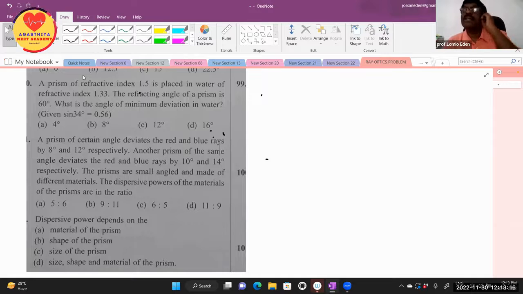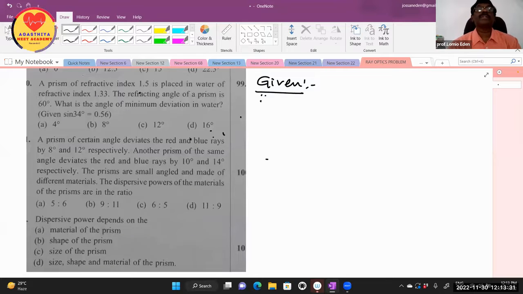Last class we saw dispersive power. What is the formula?